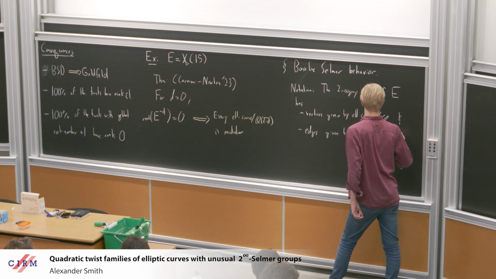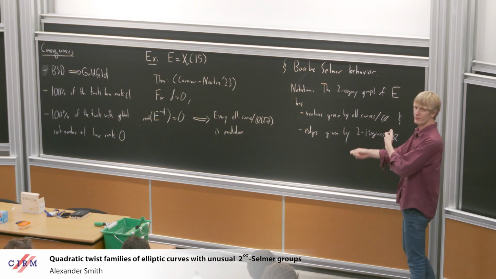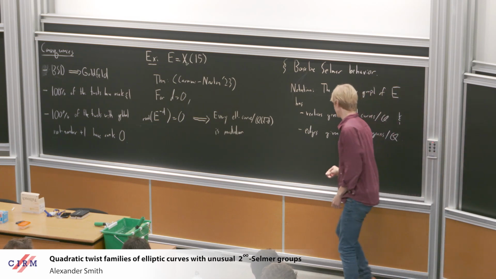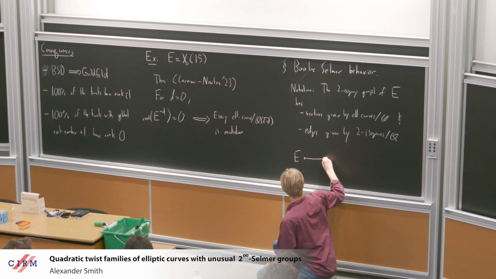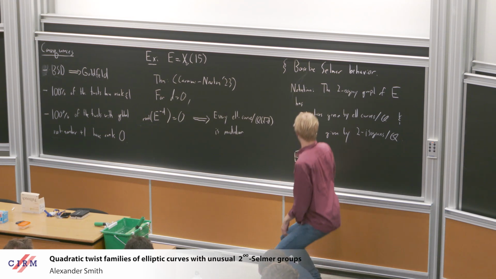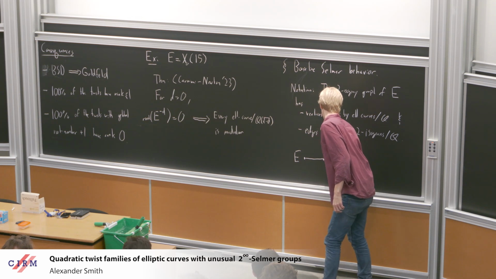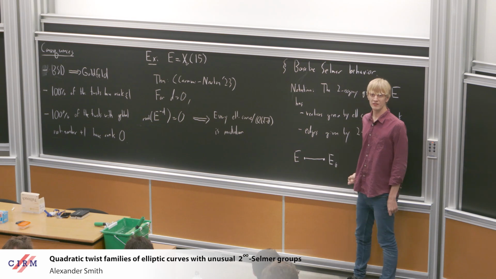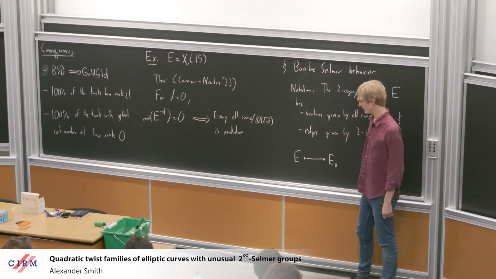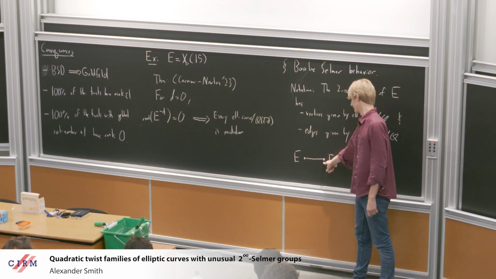also defined over Q. So for example, I'll talk about an elliptic curve, and I might say, let's take a look at an elliptic curve that looks like this. And what this diagram means is that there is a unique 2-isogeny starting from E, and it goes to this elliptic curve E naught.